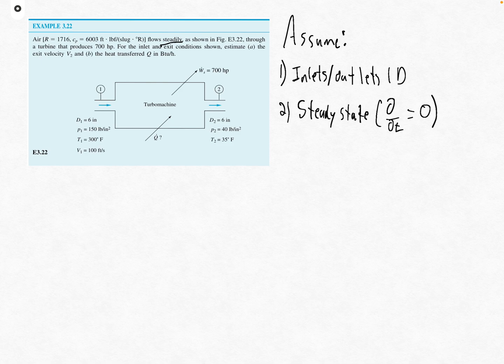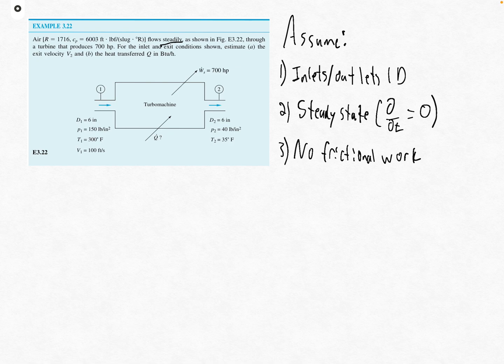And let's see, 3. Also going to assume that there is no frictional work. We do have some unknown heat flux that we're solving for in part B, and we have some shaft work out that we're given. But we are still going to be assuming that there's no additional frictional work in this system.